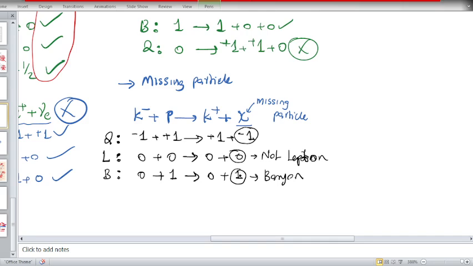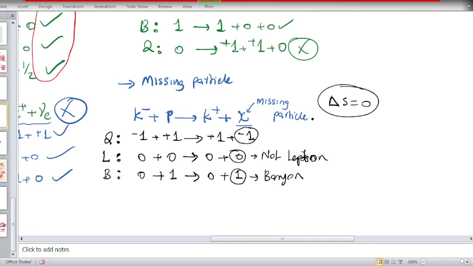Then you can consider strangeness, isospin, all those things. For most of the cases, they will give the strangeness. If it is given as conserved, then you have to take delta S equal to 0. For example, if it is given that the interaction is strong interaction, then you can take delta S as 0. If it is given that the interaction is weak interaction, then you have to take delta S as non-zero, plus or minus 1.